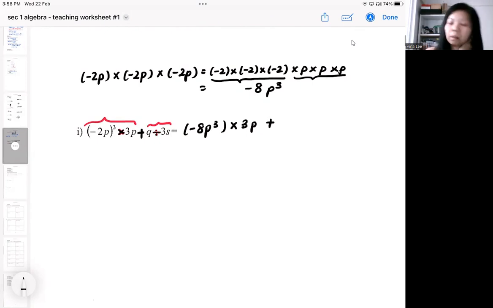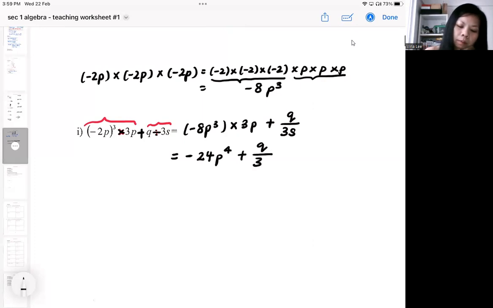The usual way I handle a divide is as a fraction. So I will have -8 times 3, which is -24. Then what about p cubed and p? That will be p to the 4. And then my final answer is just like this. That's it. That's the final answer for this part.